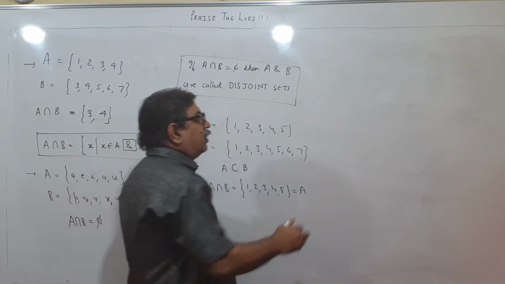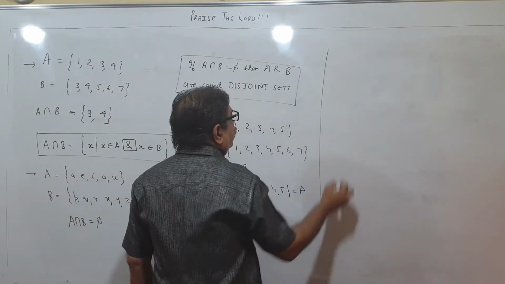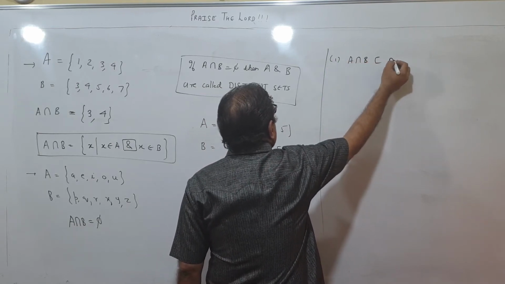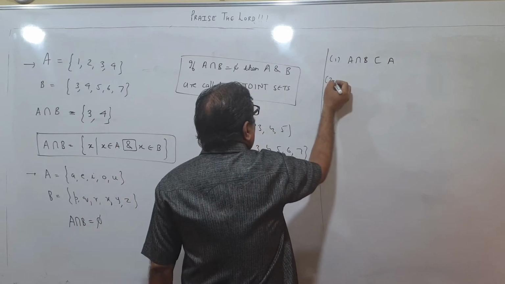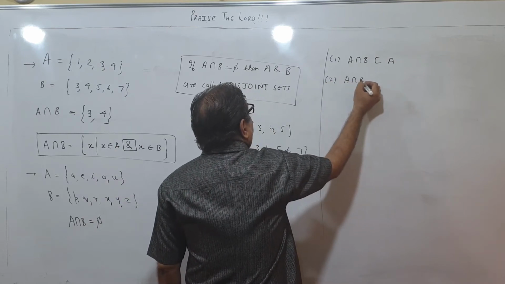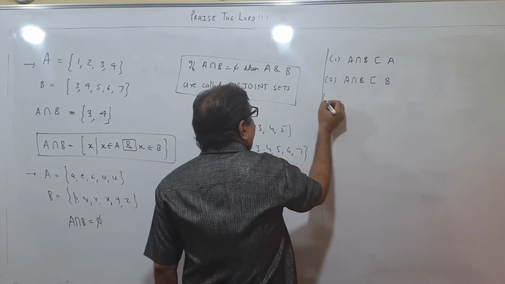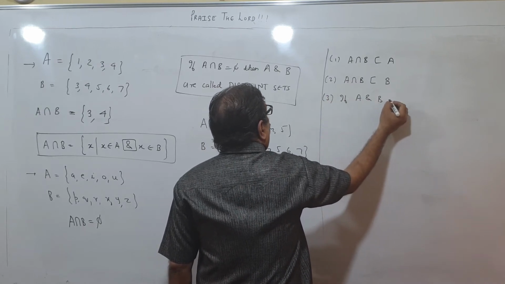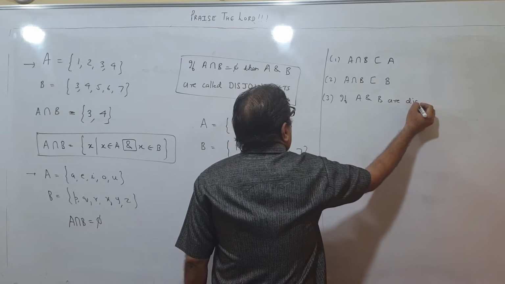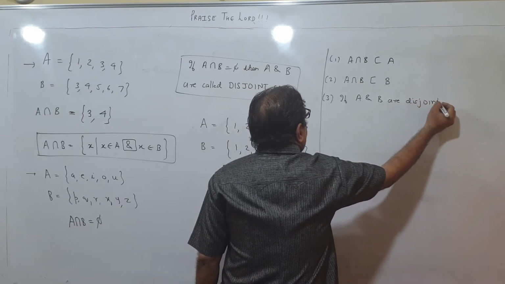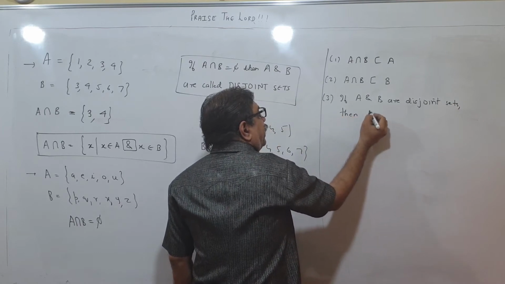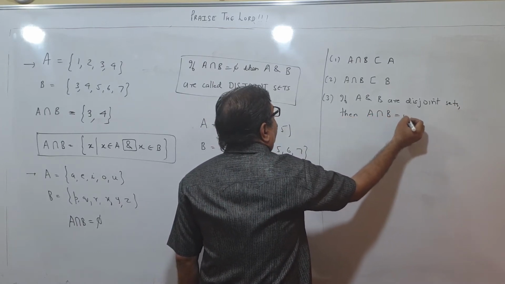So what are the properties of intersection? Let us see. First, A intersection B is a subset of A, that we saw over there. A intersection B will be a subset of B also. If A and B are disjoint sets, then A intersection B will be the null set.